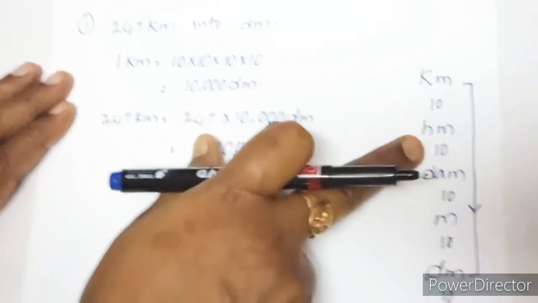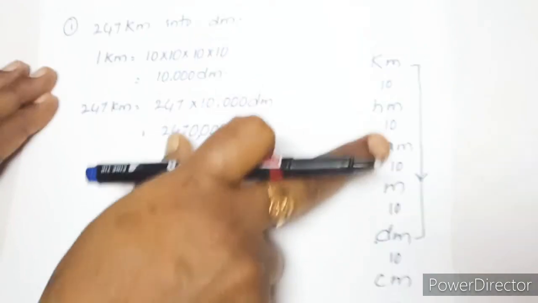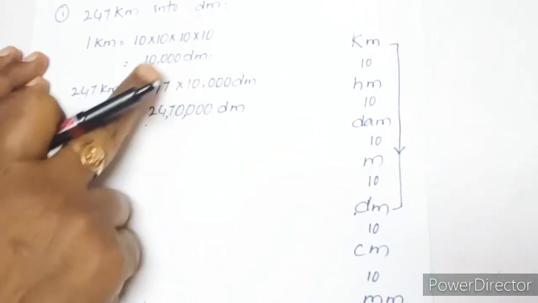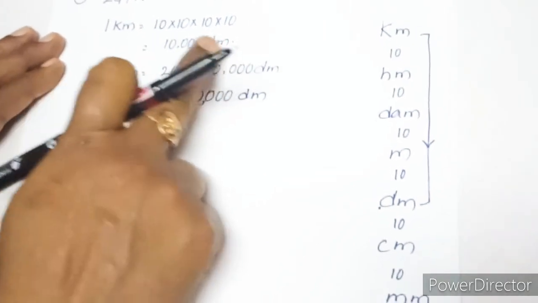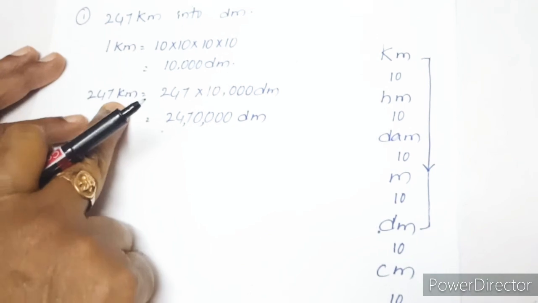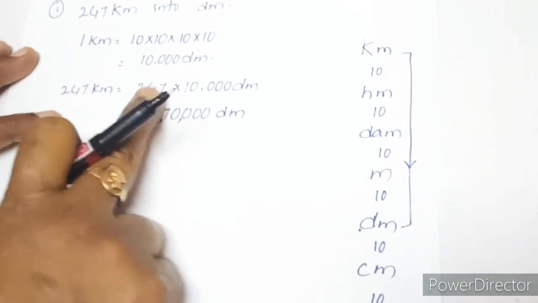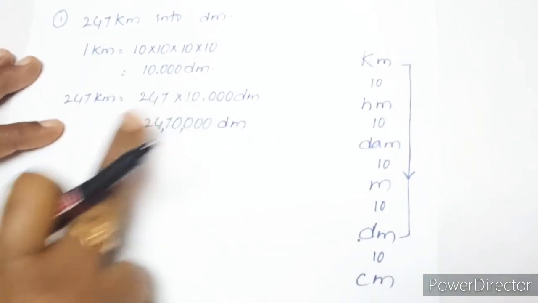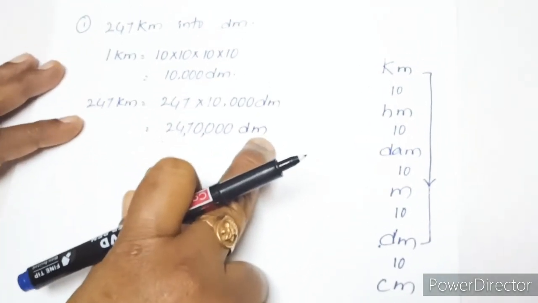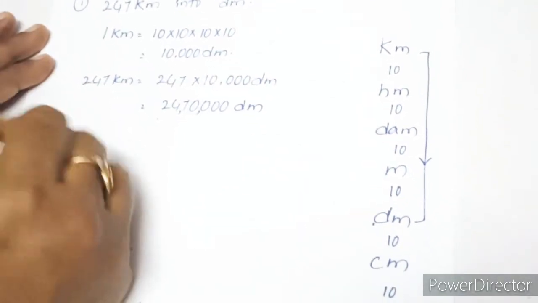How many steps did we come down? 1, 2, 3, 4. So 10 into 10 into 10 into 10, which is 10,000. This is how to convert from higher unit to the lower unit.